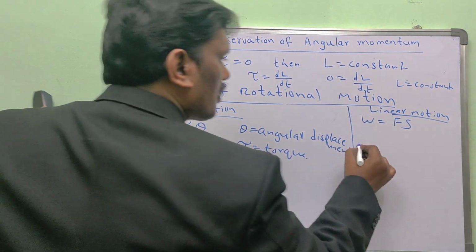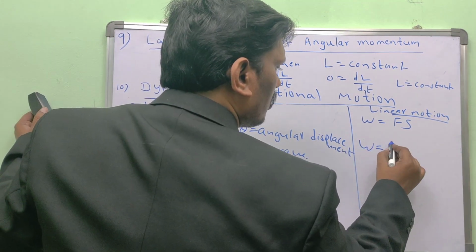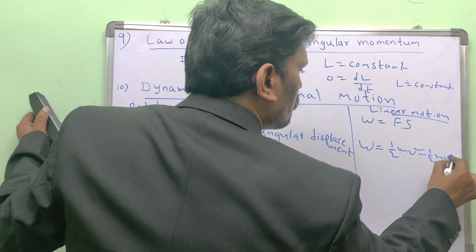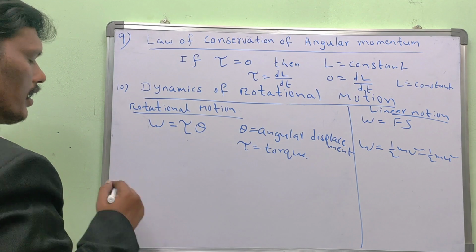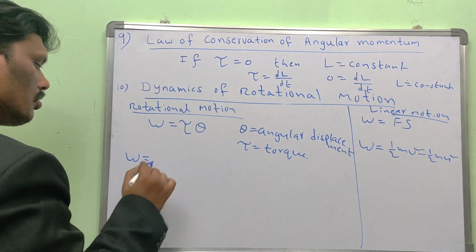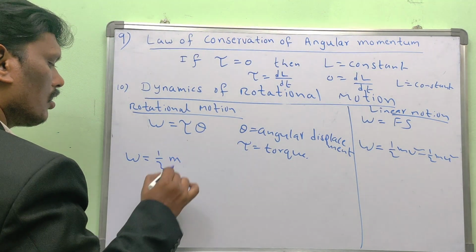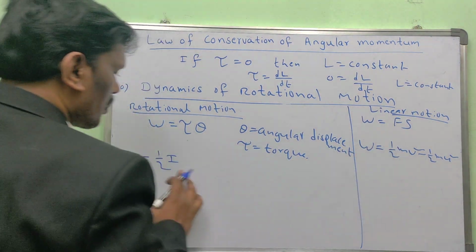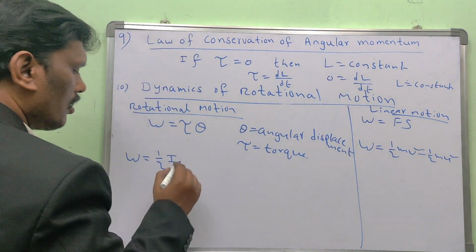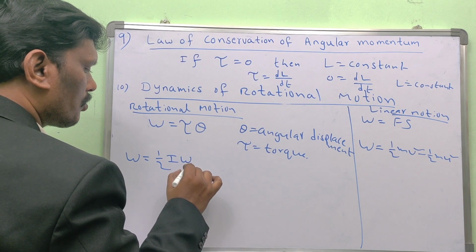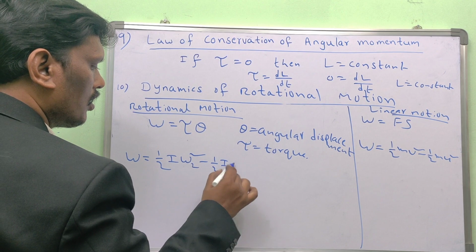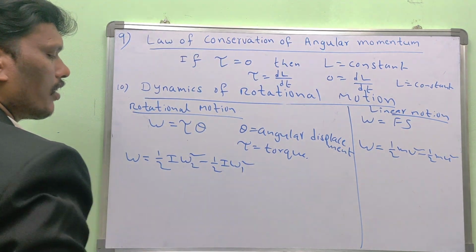Here work energy theorem: work done is equal to half m v square minus half m u square. That's the work energy theorem. In rotational motion, in place of m, moment of inertia, in place of v, omega. So half I omega 2 square, final angular velocity, minus half I omega 1 square, initial angular velocity.